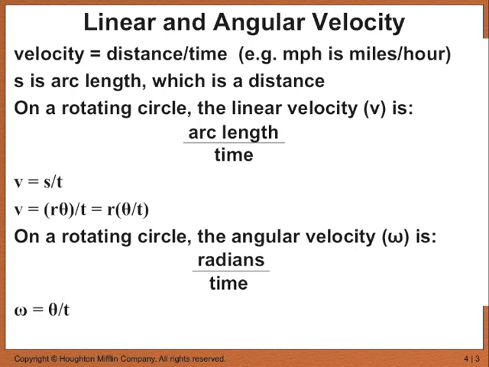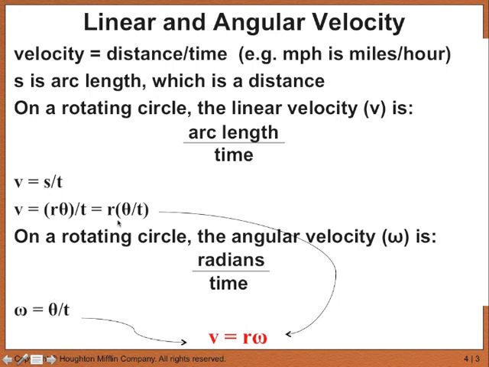And now we're going to put all this together into the most important formula for relating angular velocity to linear velocity, which is v equals r omega. Now, where did this come from? Well, notice that what I'm circling now with the mouse arrow, theta over t, is the same exact thing as omega.